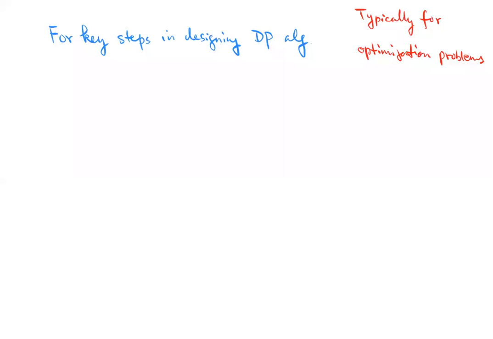So 4 key steps. So typically this first step is the value we need to obtain.